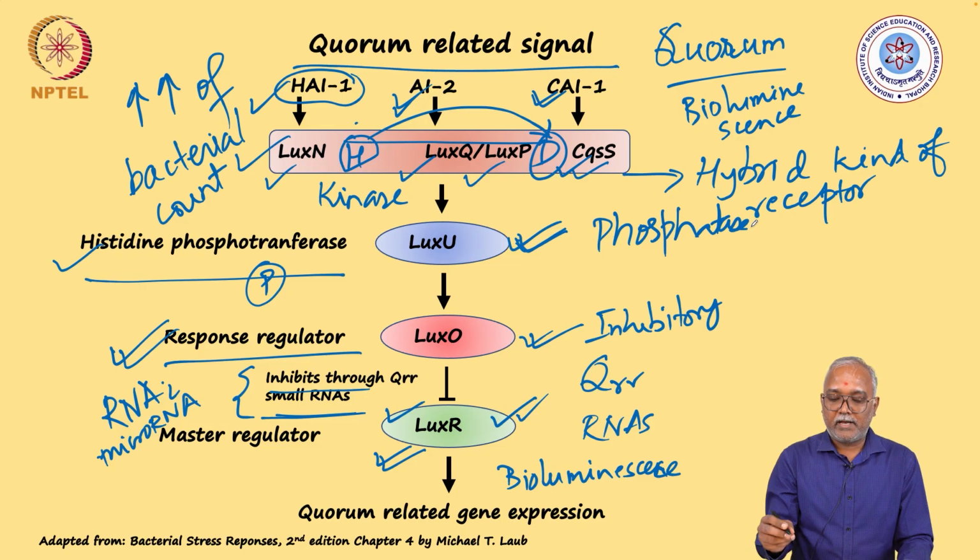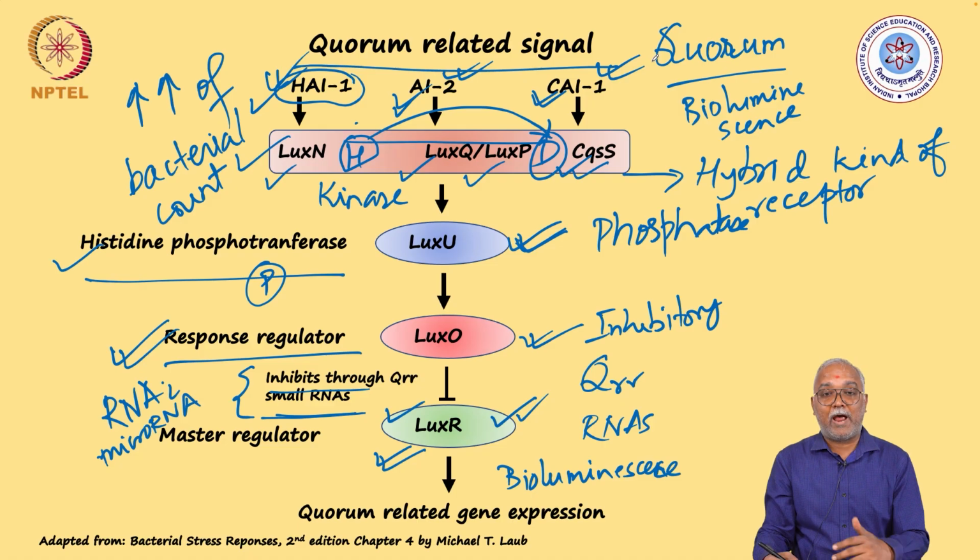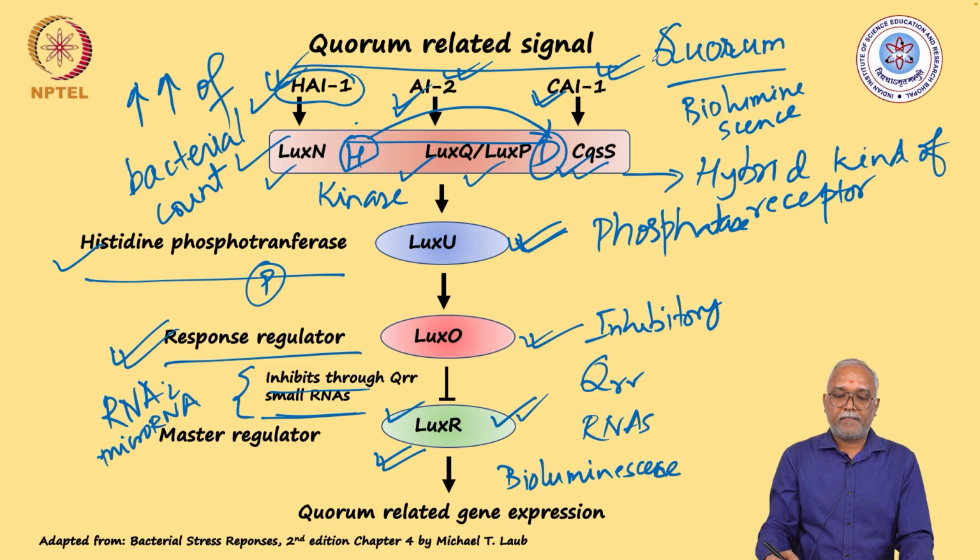So when there is a high density of bacteria, the presence of these autoinducers as well as additional autoinducers switches this receptor to its phosphatase mode.